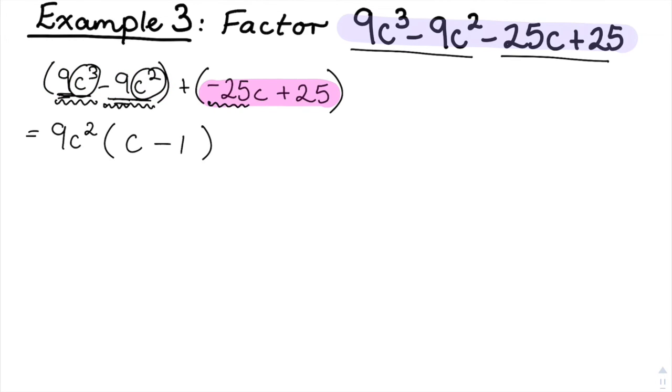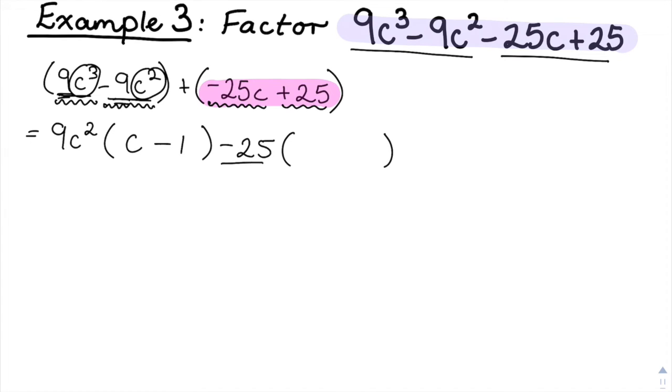The common factor of negative 25c and positive 25. I'm going to say that negative 25 is the common factor there, and I'll show you in a moment why. Let's just finish factoring it in this way first. I know generally you'd want to take out positive 25 as the common factor, but I'll show you why it doesn't work in this case as nicely.